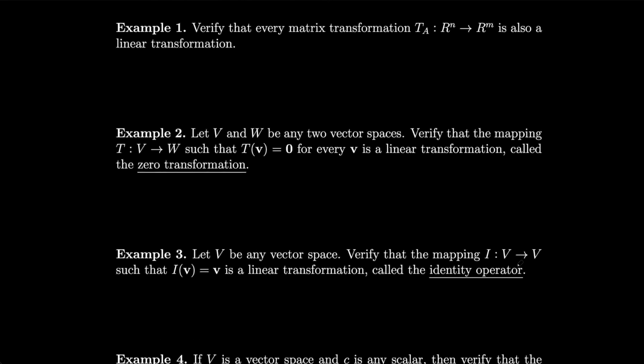As an example, how about we verify that every matrix transformation T_A from R^n to R^m is also a linear transformation? Well, remember that we have homogeneity and additivity for matrix transformations.